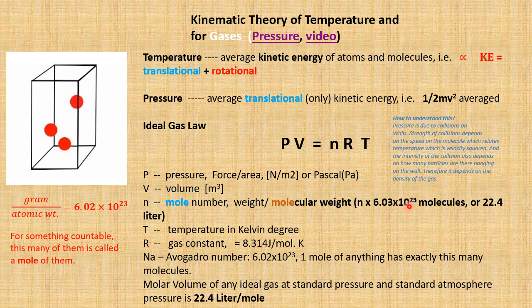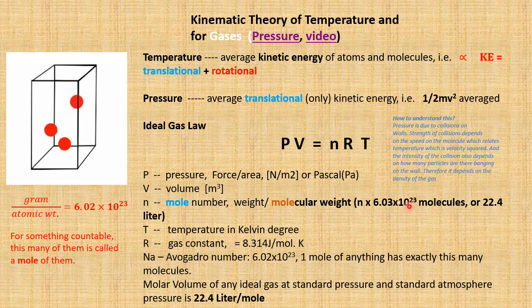Okay, the same number. But immediately we think, how much does 1 mole of something weigh? Well, depending on what it is. 1 mole of hydrogen atoms will weigh 1 gram. Hydrogen is used as a standard. But 1 mole of hydrogen molecules, which have 2 hydrogen atoms, will weigh 2 grams.